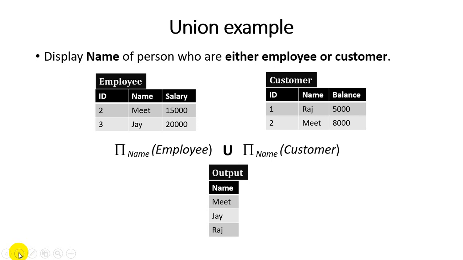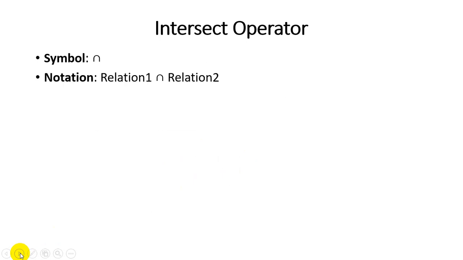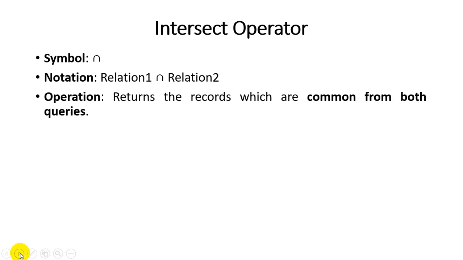I think you are clear why we require the union operator, because it combines two relational queries and generates the combined output. Let's see the intersect operator, with the symbol for intersection. Relation R1 intersect relation R2 results in the records which are common to both the queries.